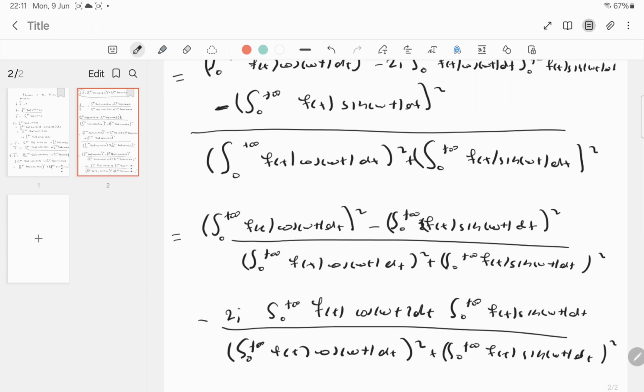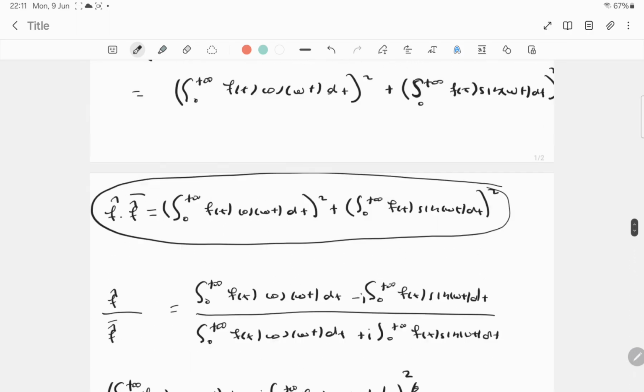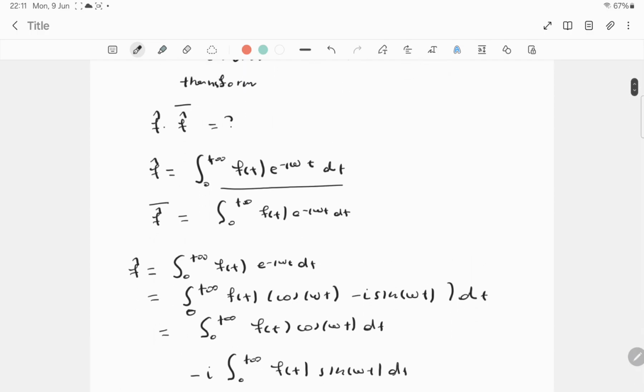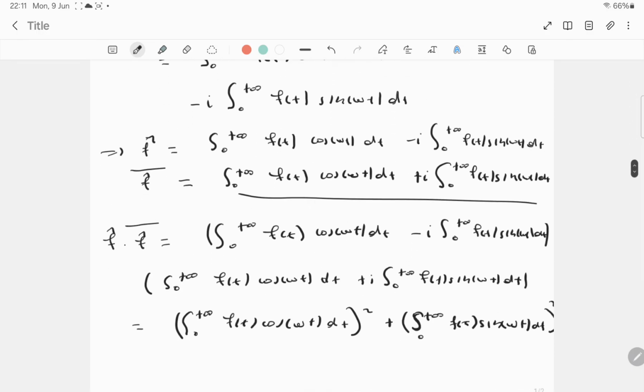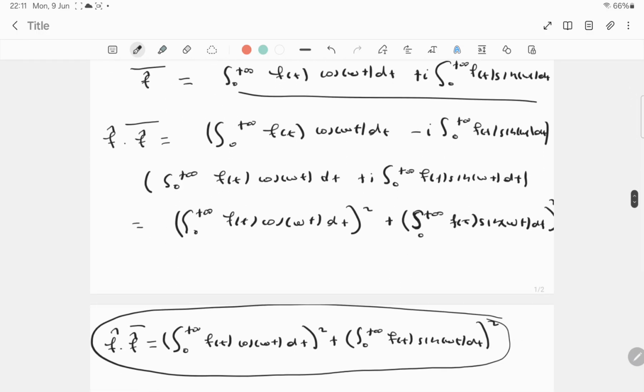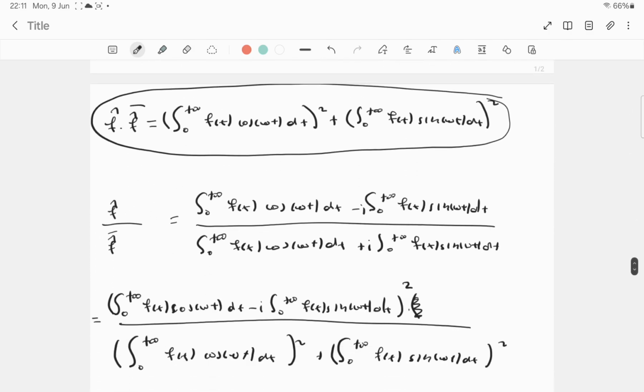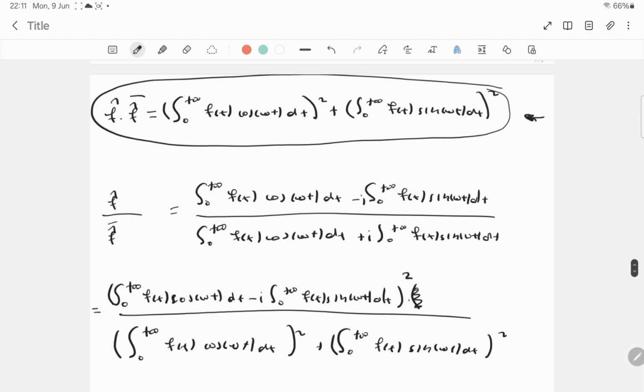Yeah, I think that's a good exercise. I have used Euler's identity for the kernel function, since it's a complex exponential, to find an explicit expression of f hat, which is the Fourier transform of the function, times the Fourier transform of the function conjugate. So basically what I get is this formula with a square.